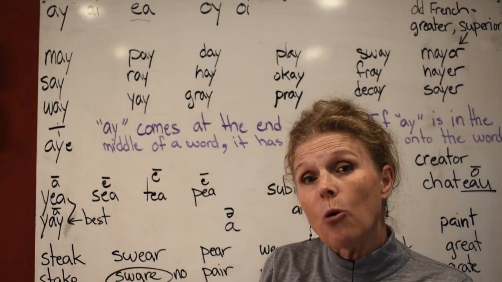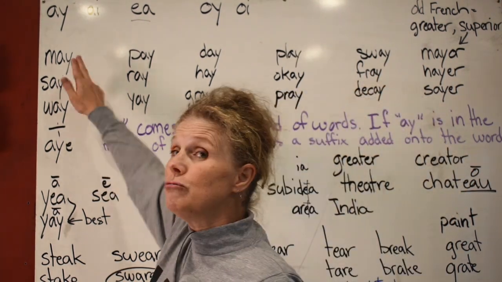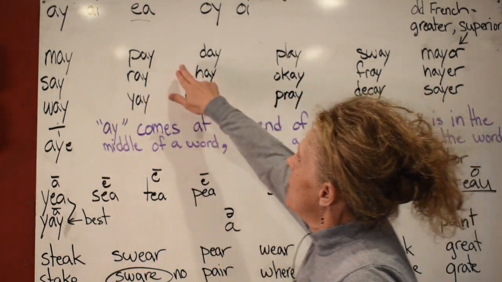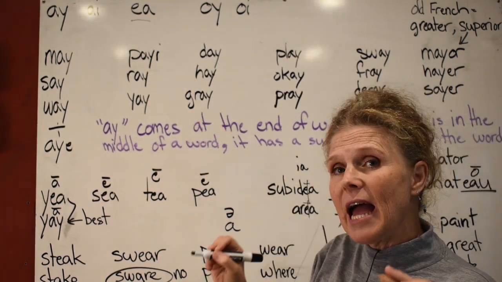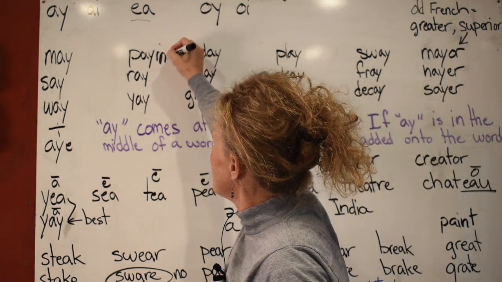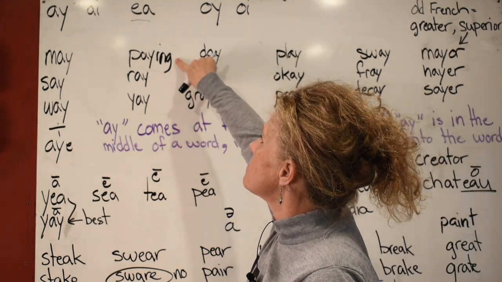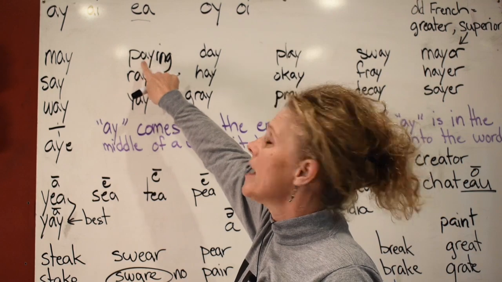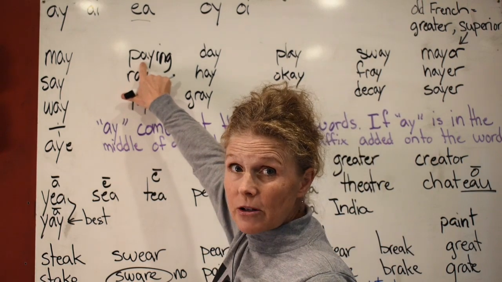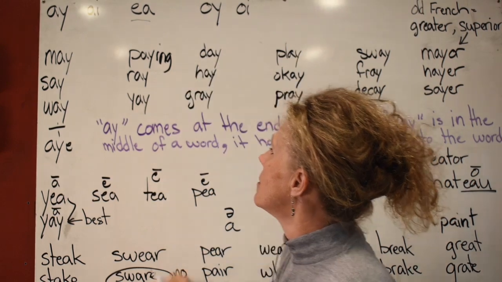If you have a vowel in front of your Y, then you have a vowel team, and you don't change your vowel team. So let's say pay. If you're going to add your suffix ing, which puts you in the progressive tense, you're not changing any letters, because oftentimes you change the Y. We don't change this vowel. Do you see that, Paul? When you're adding on your suffix, you don't change it.